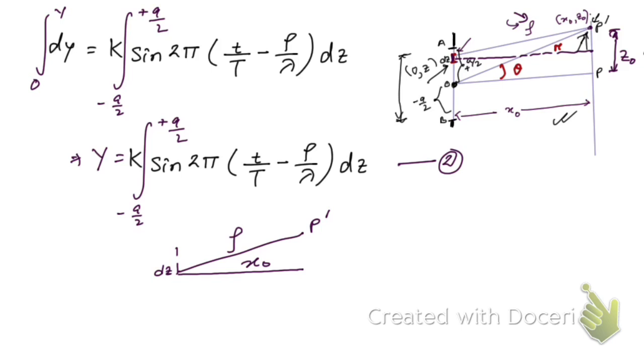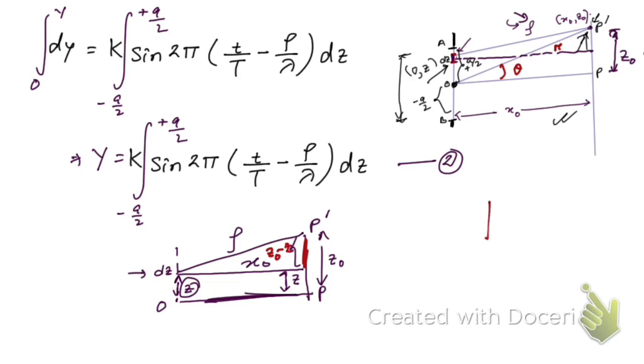The distance from the origin to this dz is z, and the distance from P to P dash is z naught. As dz is at a distance of z from O, that's why this gap is z, so the remaining part of this triangle must be z naught minus z, right?